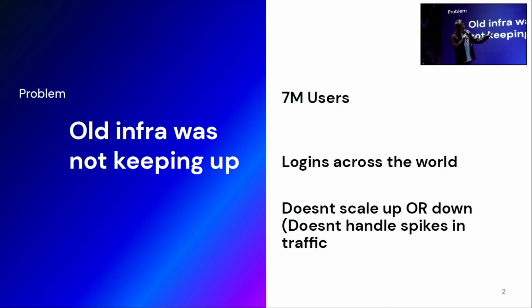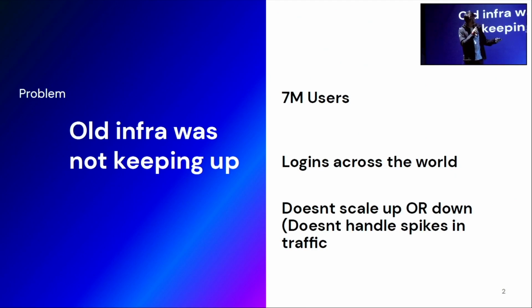There are also other issues with our current infrastructure stack. The logins that we were doing were across the world. Because of our system and the fact that we needed consensus, we had to centralize clusters at different regions.